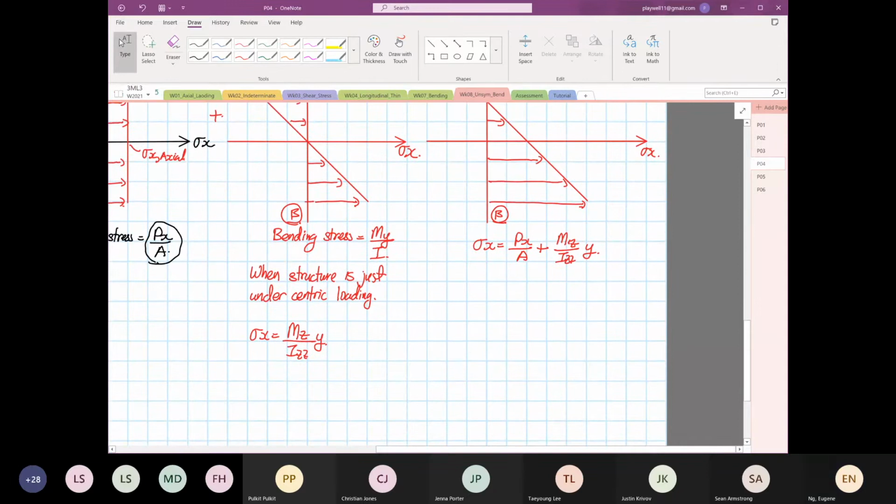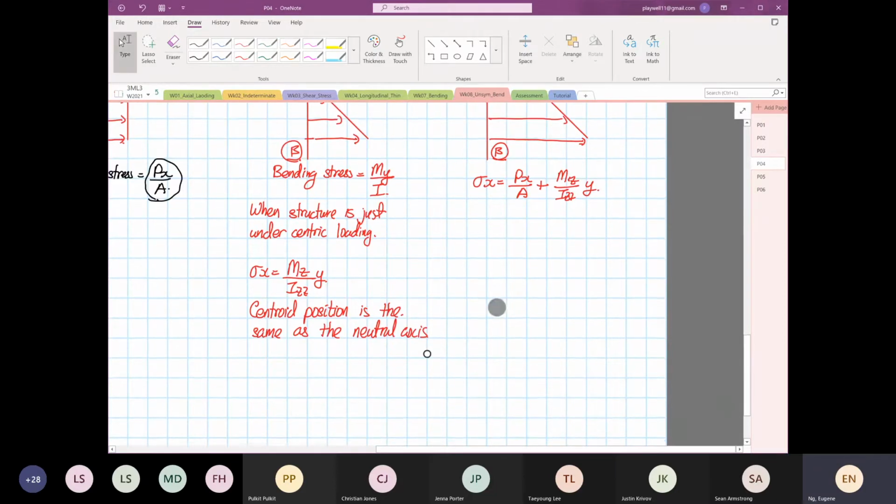Okay, when you just have this, what you realize is this: the centroid position is the same as the neutral axis, right? So at the neutral axis, stress X must be equal to 0.